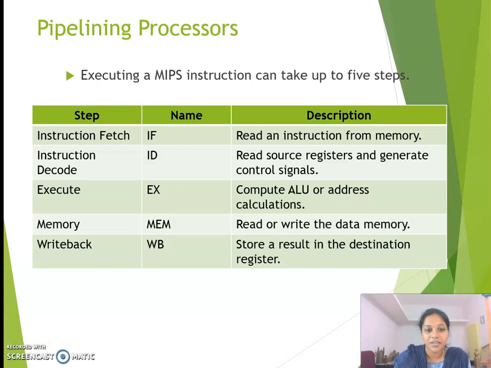First, the instruction will be fetched from the memory, and the instruction will be decoded. The decoded instruction will then be executed in the arithmetic and logic unit. Then the memory access, if it is required by the instruction, is done. And finally, after execution, the registers are updated with the newly computed value. So these are the 5 steps that generally exist in case of a MIPS instruction.